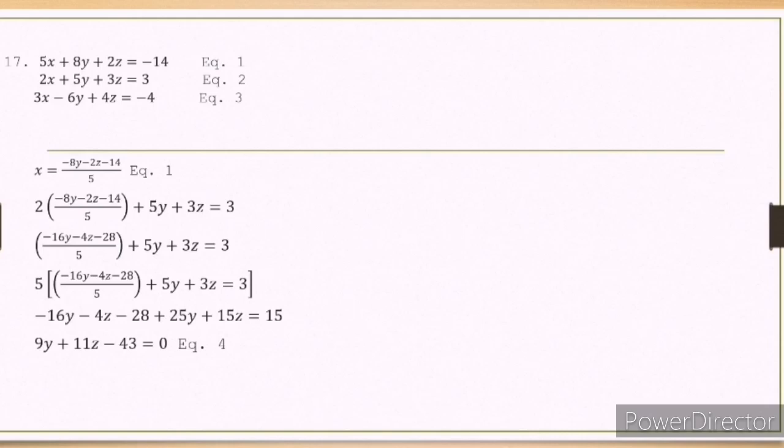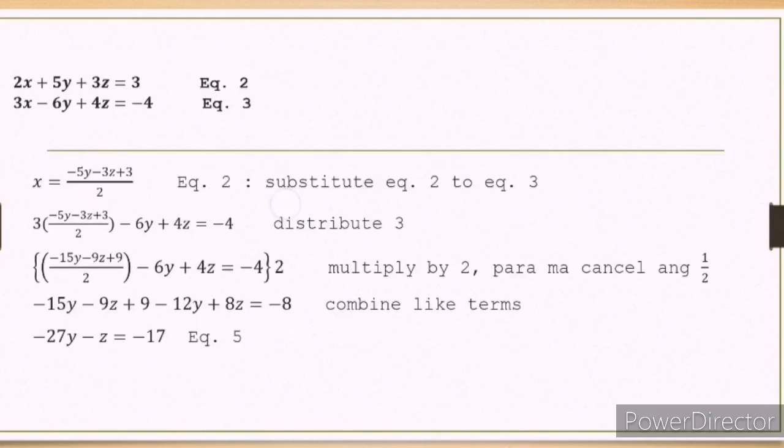Negative 4z and 15z is positive 11z. Then negative 28 plus negative 15 will give you negative 43. 9y plus 11z minus 43 is equal to 0, which is our equation 4.